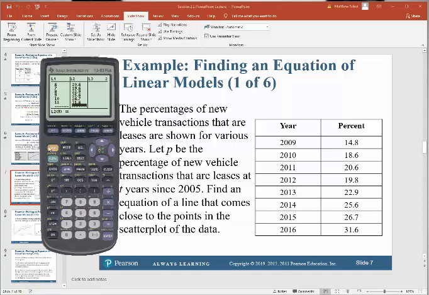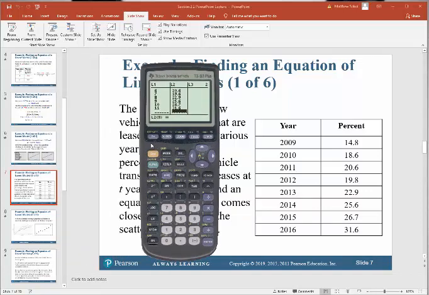All right, the next thing you're going to do, this will take a second to watch, and you can rewind and check the settings again. But you're going to hit second function, and you want this stat plot. You're going to notice something says plot 1 off. Okay. What we need to do is we need to turn this on. So under number 1, I'm just going to hit enter.